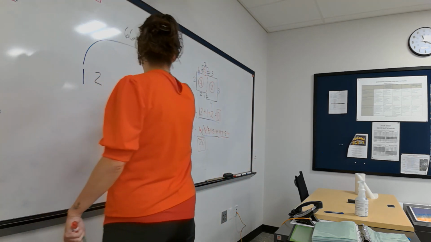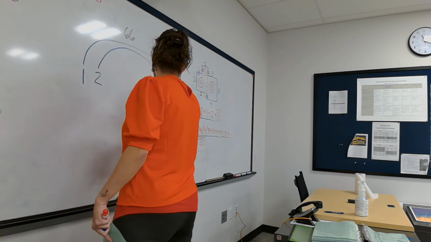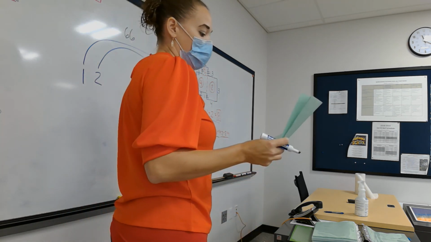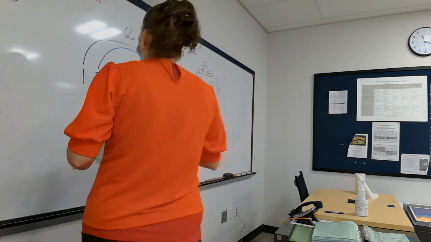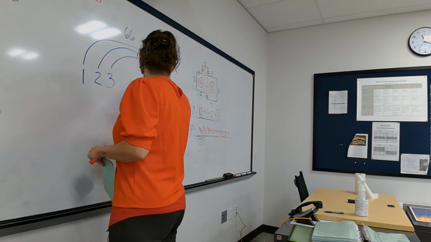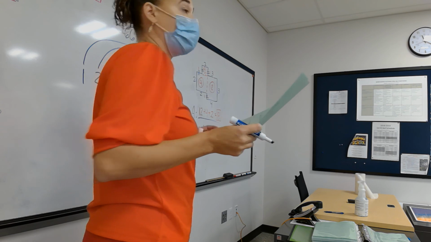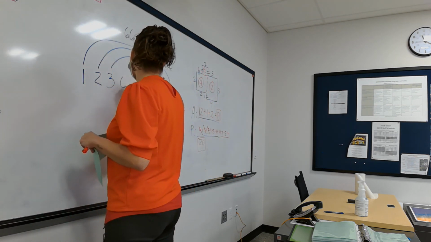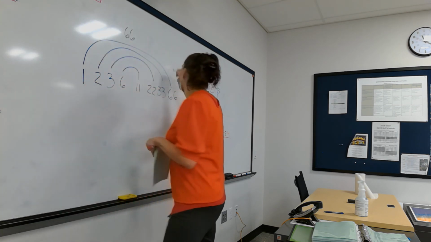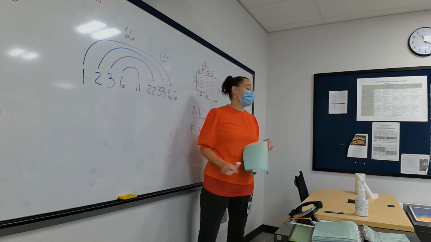So 1 times 66 gives me 66. 2 times 33 gives me 66. Right? Do you guys remember this? 3 times 22 gives me 66. Okay? And 6 times 11 gives me 66. This is 6 points right here. Drawing this is 6 points.